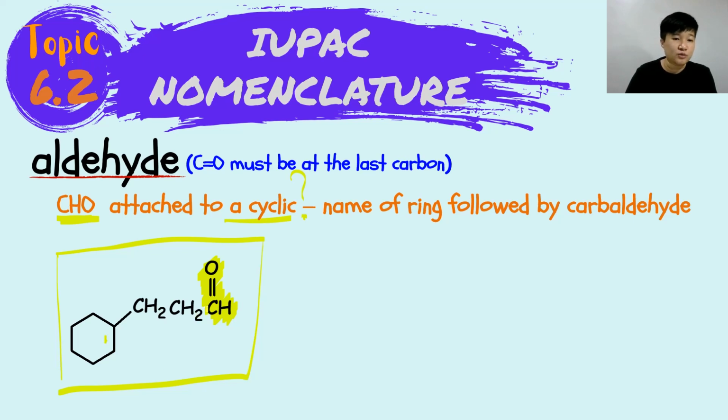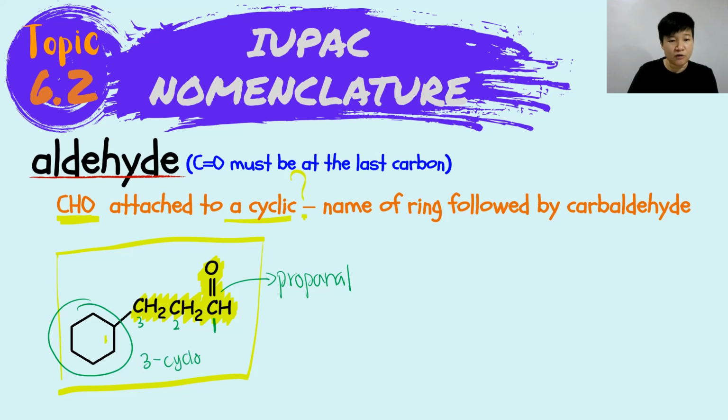It's attached to a straight chain. Therefore, the parent will actually be this longest carbon chain. So, the parent will be propanal, a 3-carbon aldehyde. This carbon will be number 1, 2, 3. So, over here, this will be your substituent, which is 3-cyclohexyl.